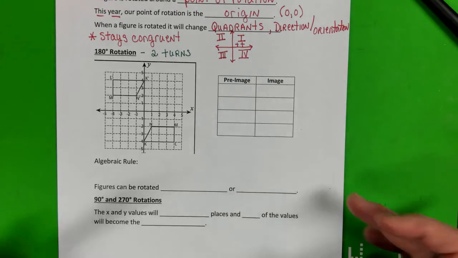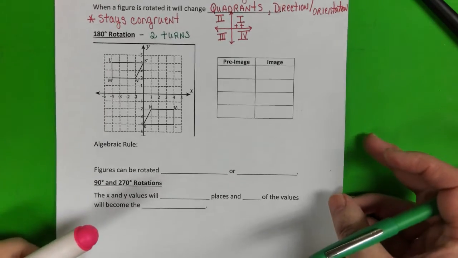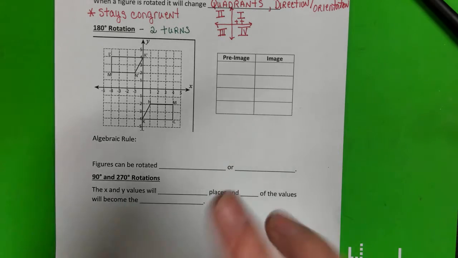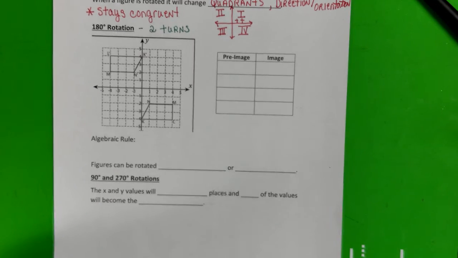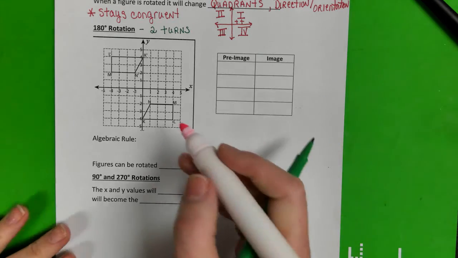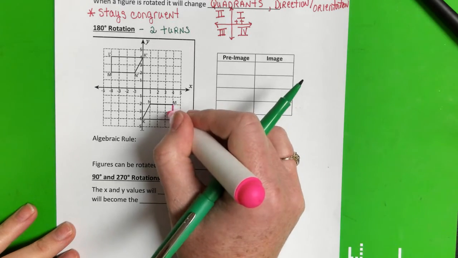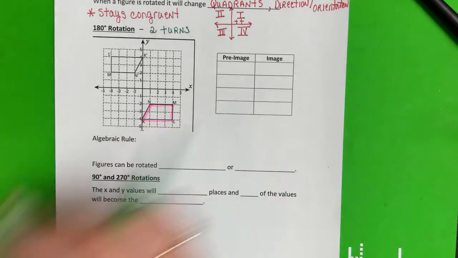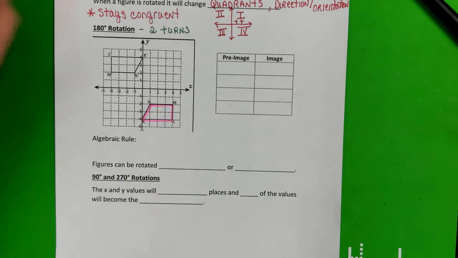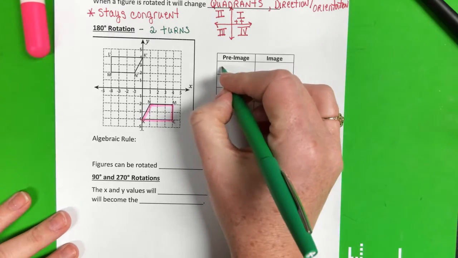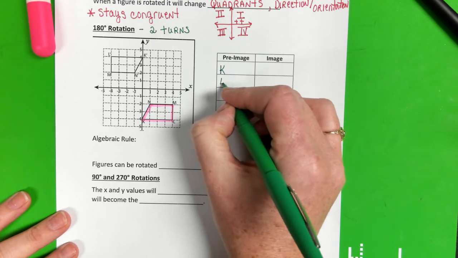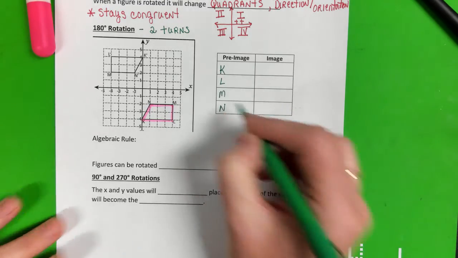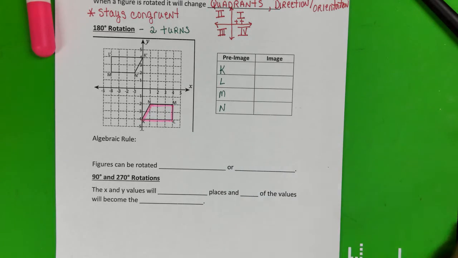Now I want us to look at it and explore our rule. Remember, the first thing we want to do is identify which one is our pre-image. I'm going to highlight my pre-image, which is the one that doesn't have the prime notation. Let's write down the coordinates for our pre-image for this trapezoid.